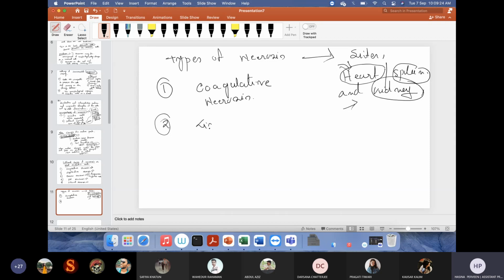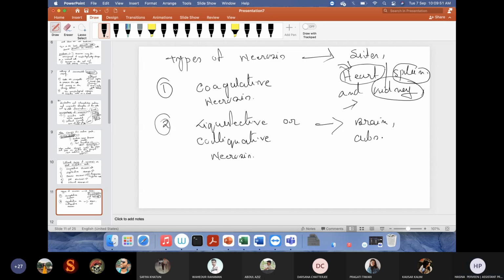and liquefactive or another name is the colliquative necrosis. This is the brain and abscess cavity.